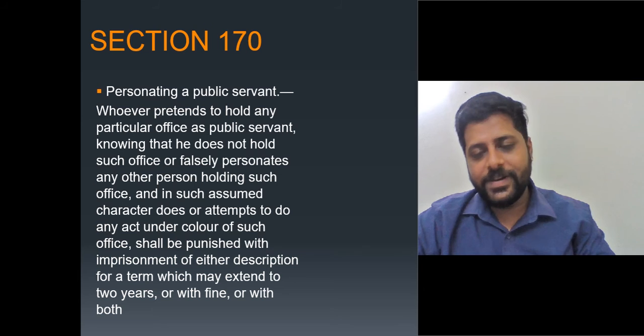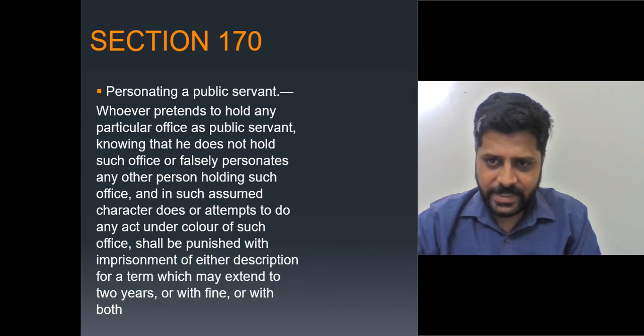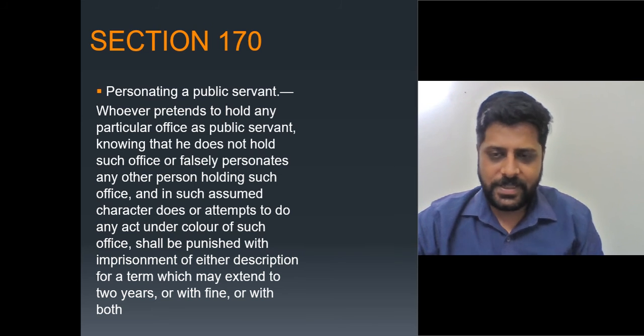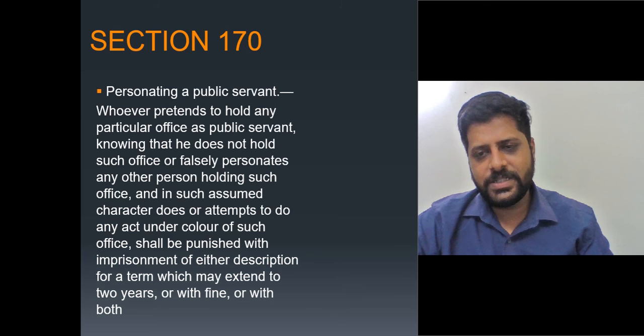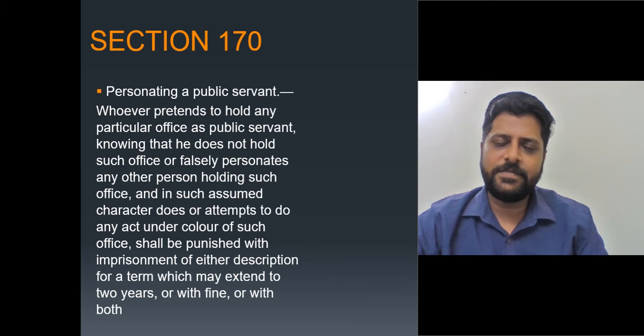And further, section 167 says that if a person being a public servant prepares incorrect documents, then he will be charged under section 167.